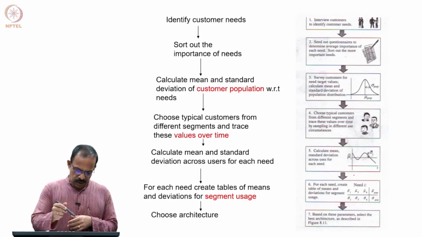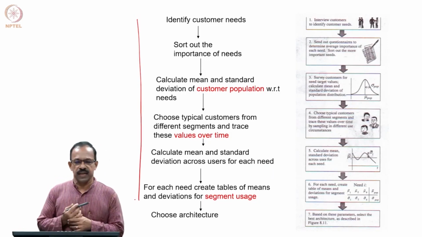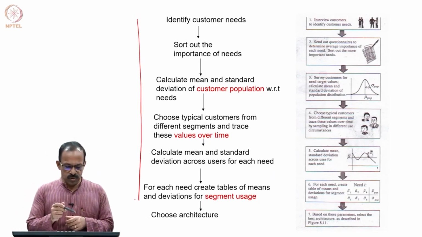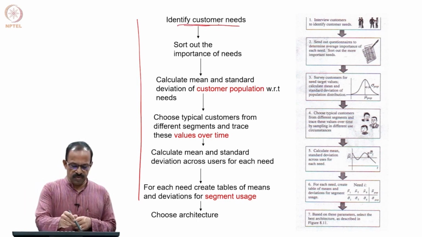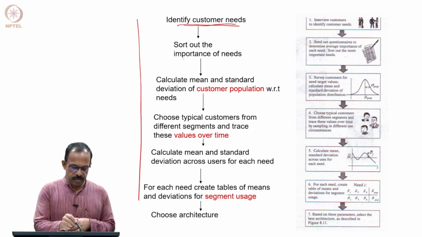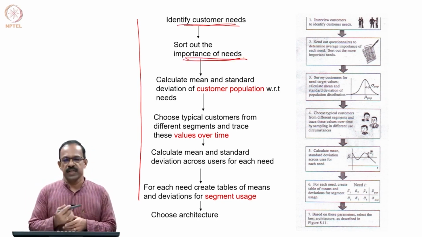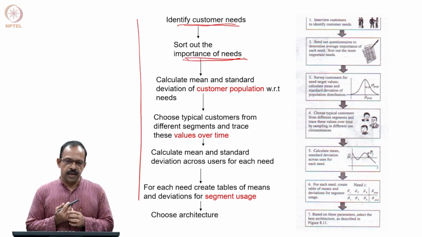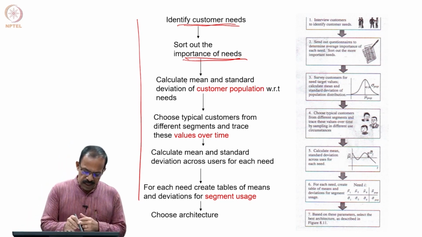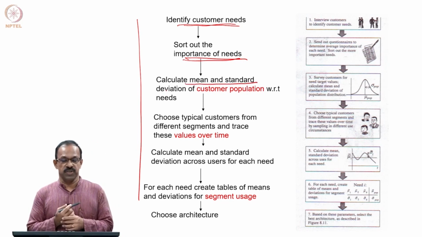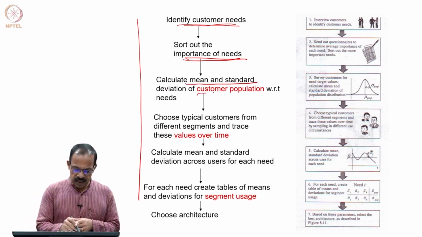So, the flow chart is given here. What we need to do is to identify the customer needs. As we know, first we look at the customer needs and prepare a list of customer needs with their importance, and then look at those important needs and find out the mean and standard deviation of these needs in terms of their objective values within the customer population.